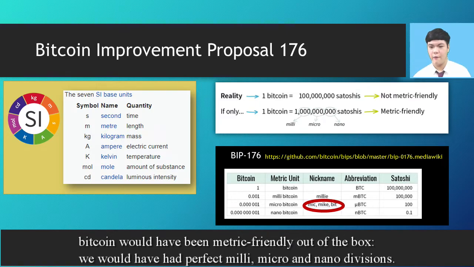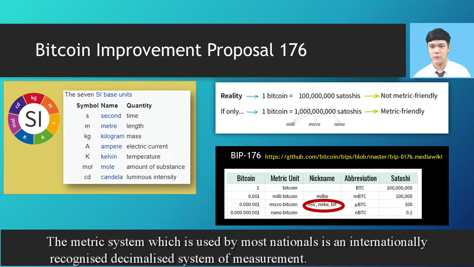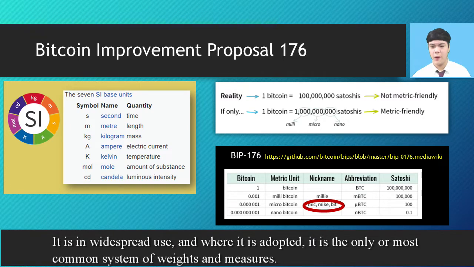We would have had perfect milli, micro, and nano divisions. The metric system, which is used by most nations, is an internationally recognized decimalized system of measurement. It is in widespread use, and where it is adopted, it is the only or most common system of weights and measures.